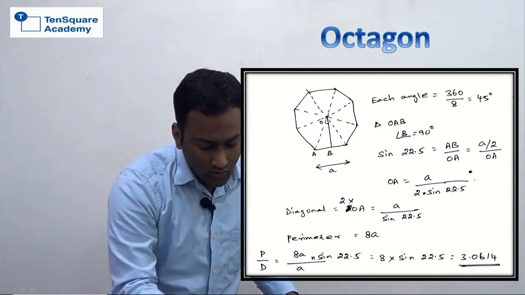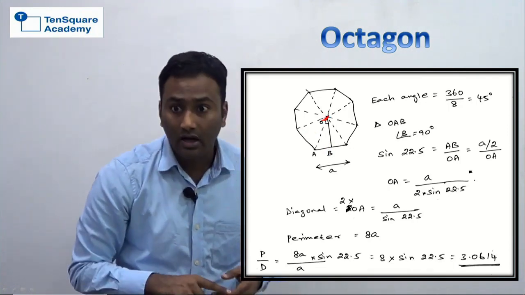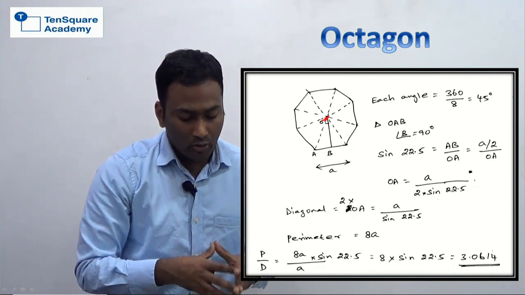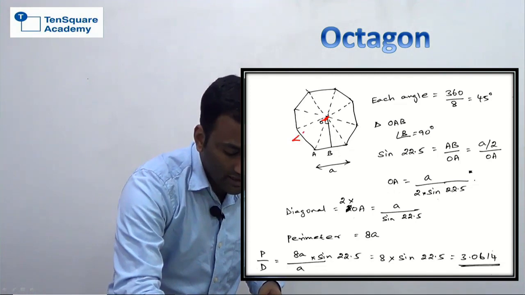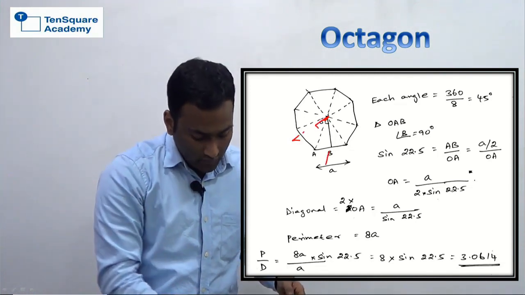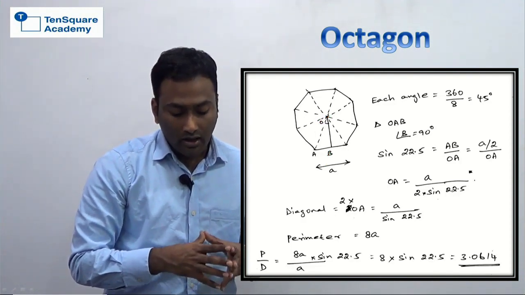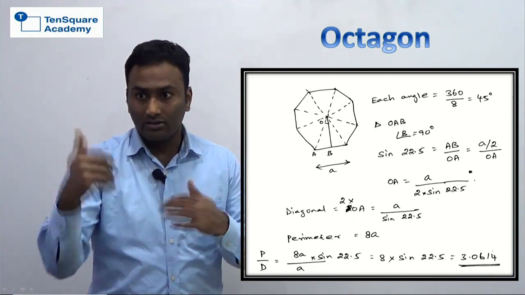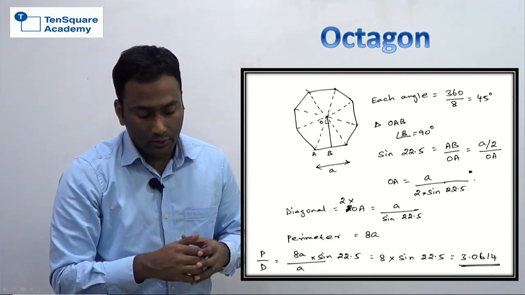Now since the total angle is 45, this half angle at the center is 22.5. Applying sine 22.5, the opposite is AB and the hypotenuse is OA. So the OA value will be a by 2 sine 22.5.